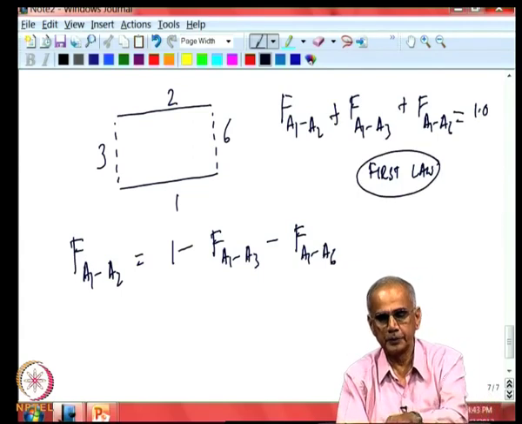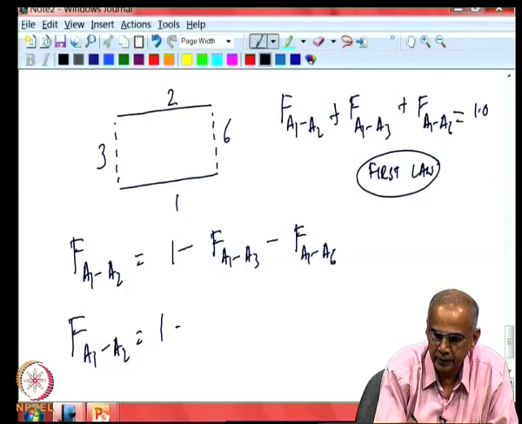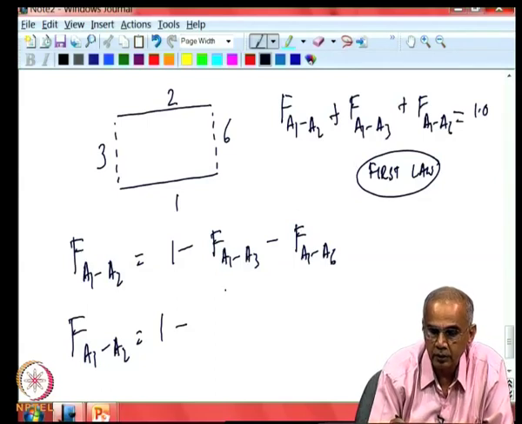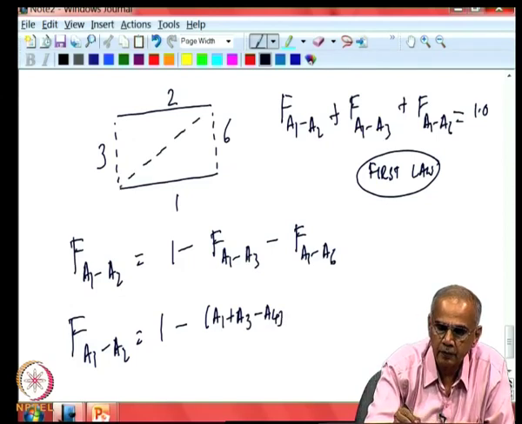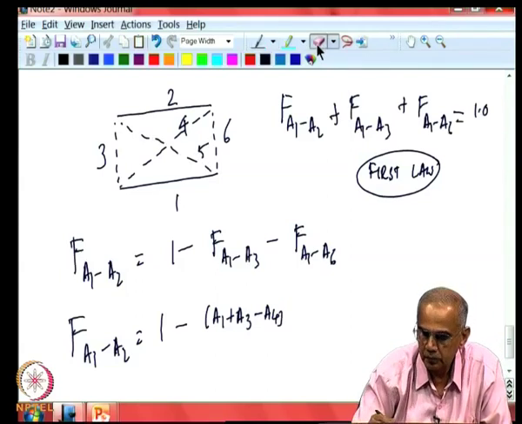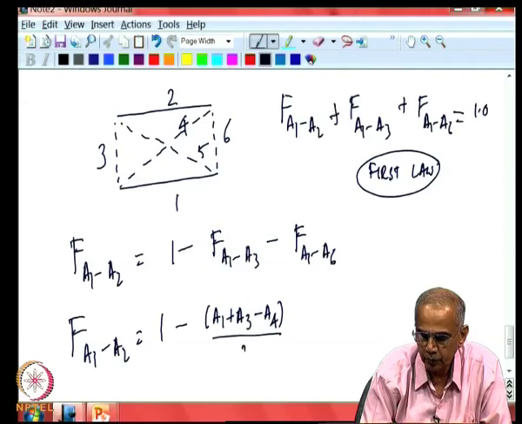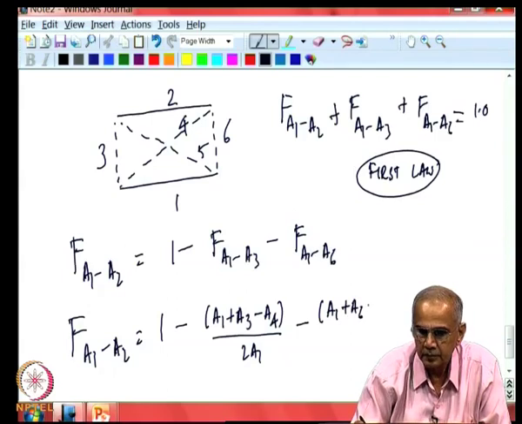Now, we already derived expressions for these two. So, we can write F A1 A2 equals 1 minus F A1 A3, which, if you recall, was A1 plus A3 minus A4 by 2A1, minus A1 plus A6 minus A5 by 2A1.